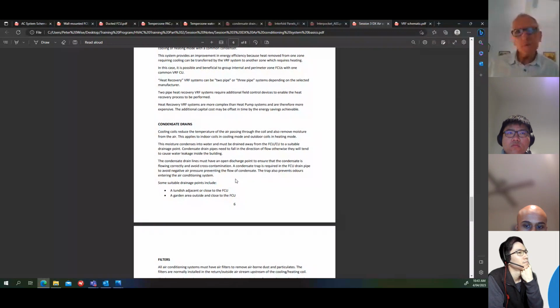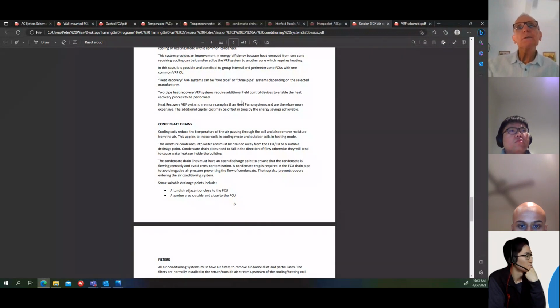It will overflow out of the drain pan. If you've got a blow-through system, you're putting pressure onto the pipe and trying to force air through the pipe. And if you don't have a trap, you're losing conditioned air straight out through the pipe. So I'll just show you a picture of one.